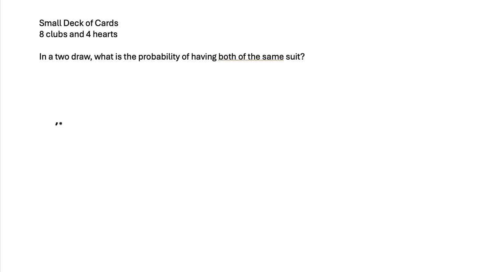And what I'm telling you is that I will have 2 draws. What's the probability of having both the same suit? So I want the probability of having, for example, a heart and a heart, a clubs and a clubs, a spades and a spades, and a diamond and a diamond.